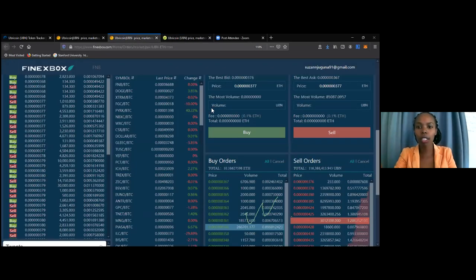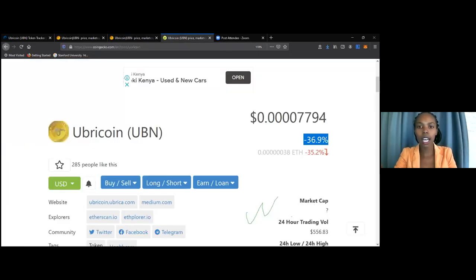I'm very sure that if we converted these to dollars, we would get this price. So basically, it's not really different. It's just because it's in different denomination. This is in dollars, and the other one is in ETH. Okay, thank you. It's well understood.